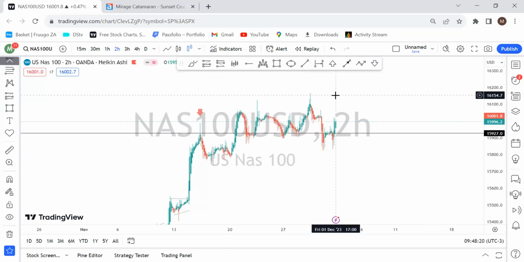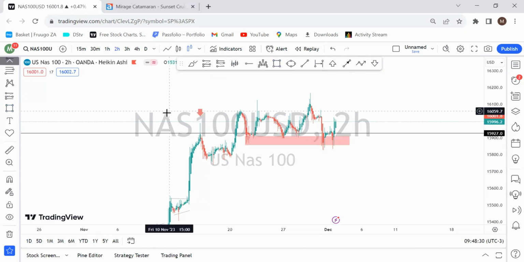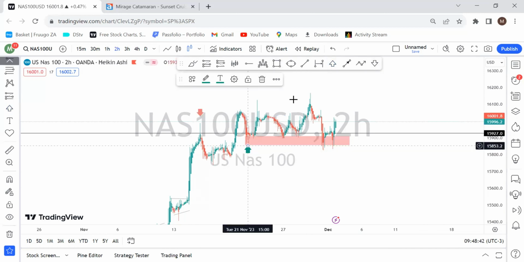And if you look carefully, we could either use a rectangle just to get all the touches within our support. So if we pay attention to the number of touches on our support, we actually have 3 touches.